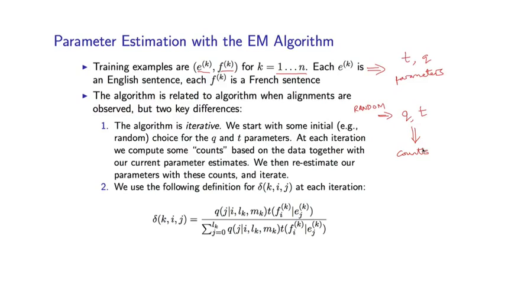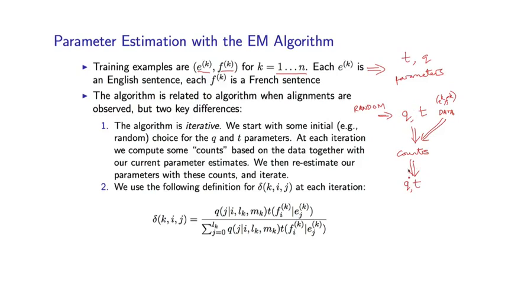In a moment, I'll describe how we do that. And so we're going to calculate counts based on the data, these e_k, f_k pairs, and that together with our current guess at the parameters will give us some counts. And from those counts, we'll re-estimate the q and t parameters.